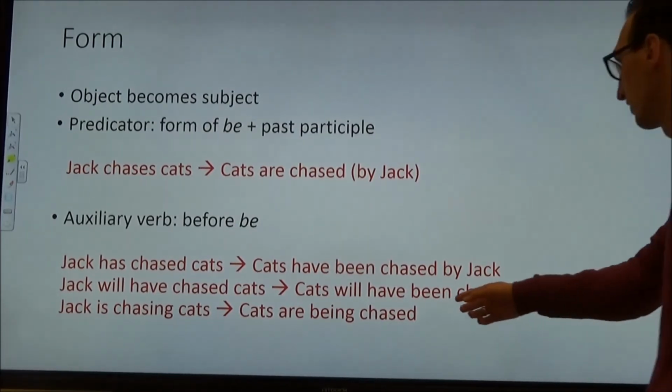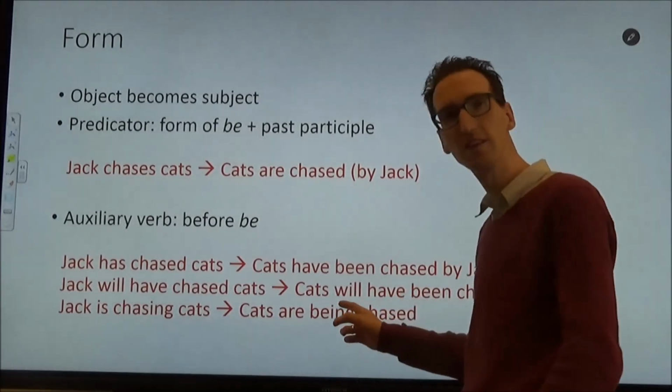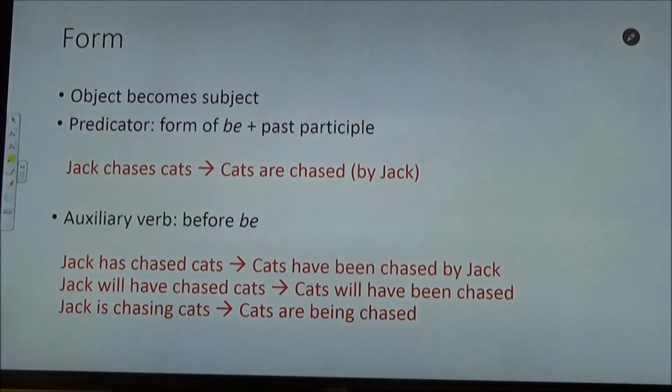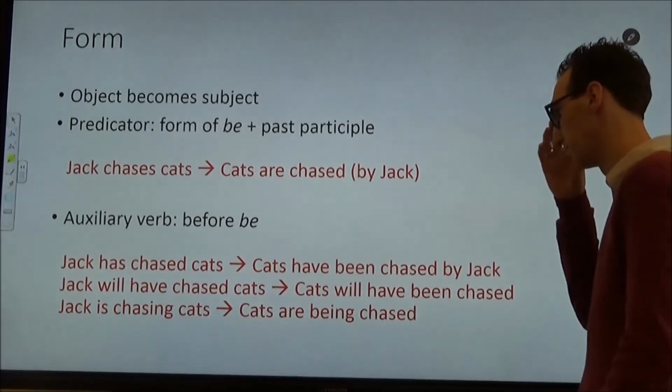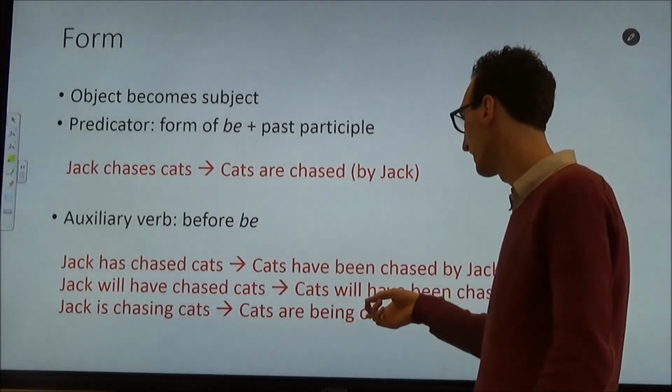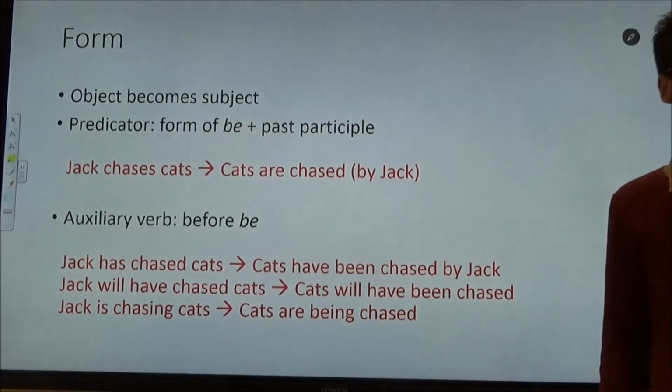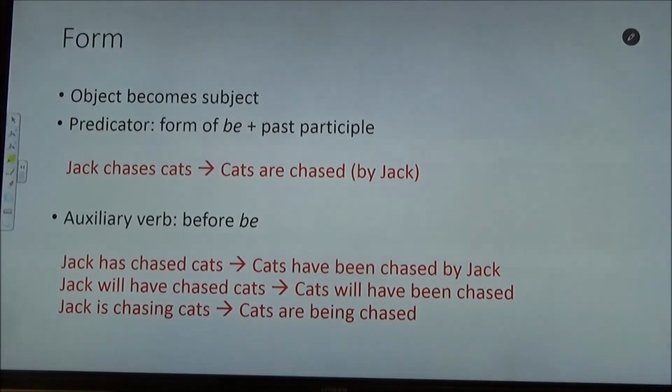And that's the form of be that you add next. So if there's a continuous, it's a form of be that becomes the continuous. So cats are being, and then finally the past participle chased.